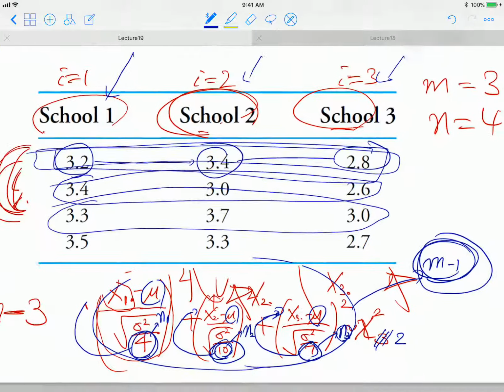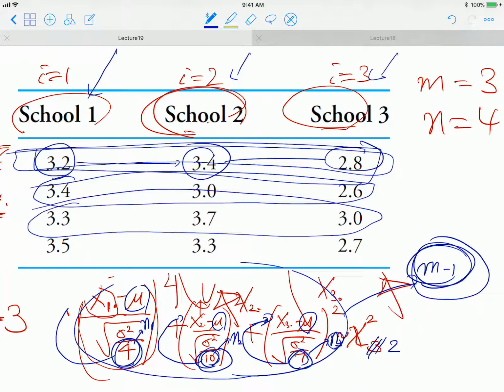So in this case, we can think of the effect of two aspects. In the previous case, because these are just different samples, we were interested only in the effects of different schools, which correspond to three different vertical groups of these data items.